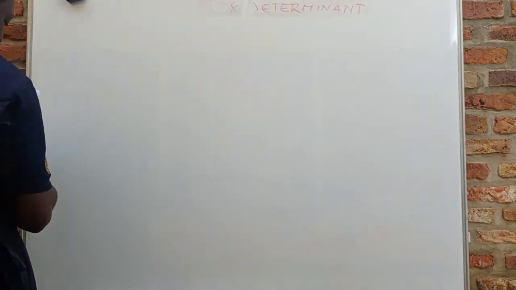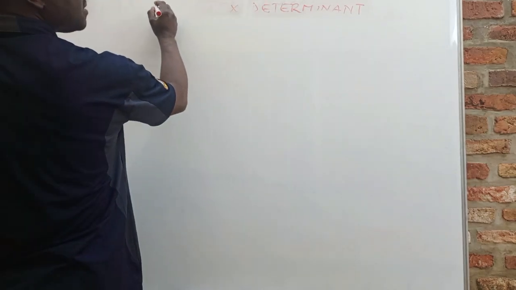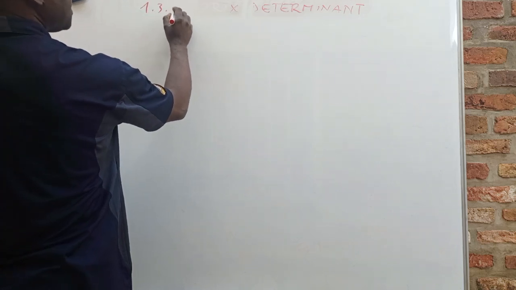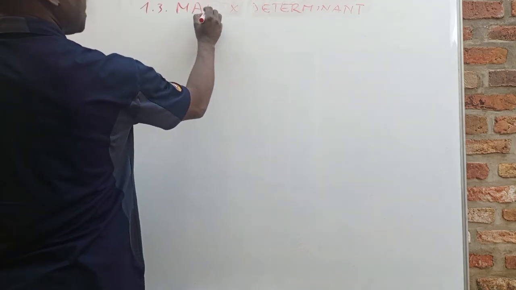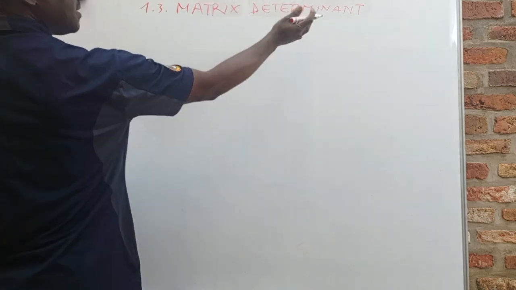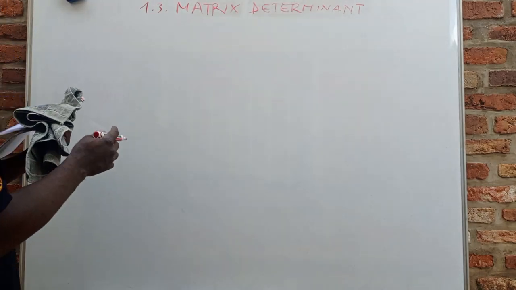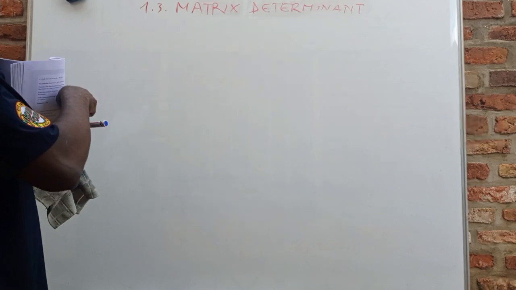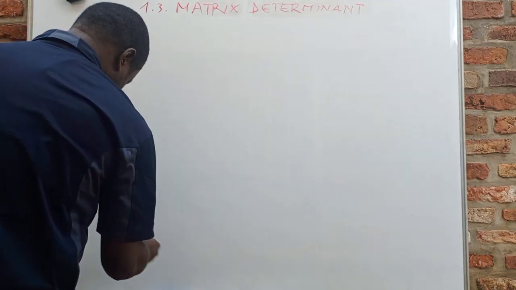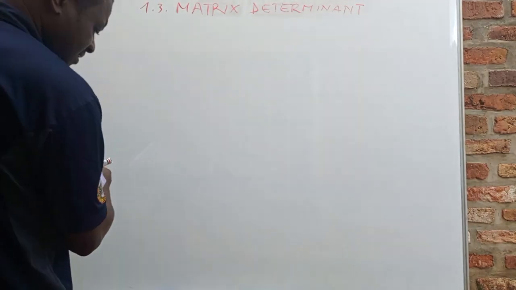Okay. So now we are still dealing with 1.3. This is the matrix determinant. Now we are still in this section.